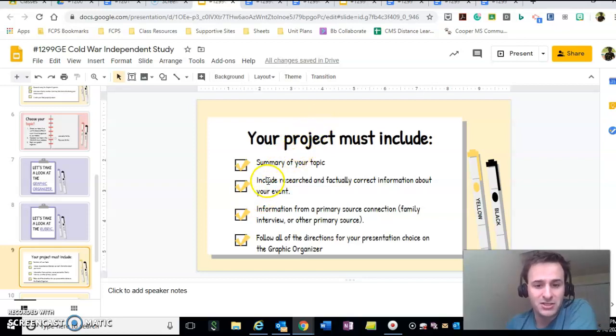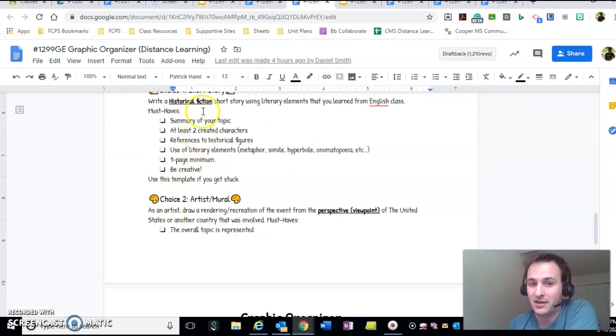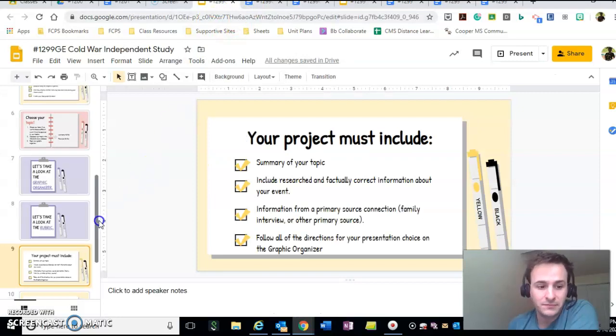The project must include a summary of your topic, researched and factually correct information about your event, information from a primary source connection, so that's that family interview piece, so hopefully you're getting information from family members, friends, and so forth. And then follow all the directions on your product choice, listed beneath each product.